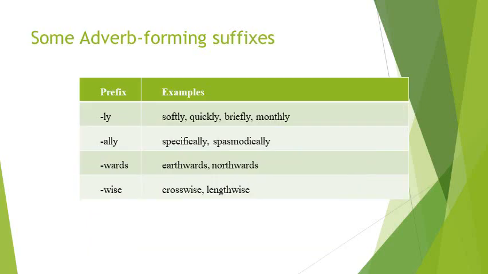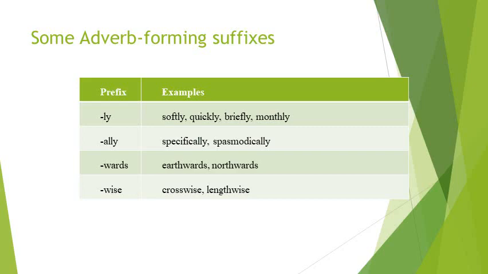Now let's look at the case of adverb-forming suffixes. In coming up with suffixes for your adverbs like soft, quick, brief, monthly, all you need to do is just add ly to it.